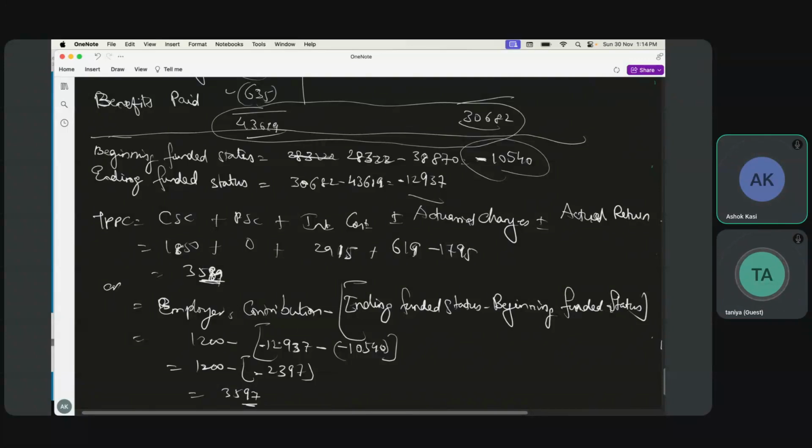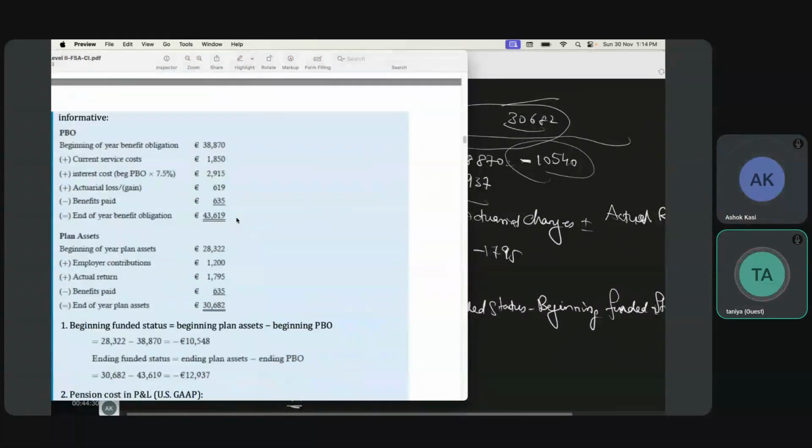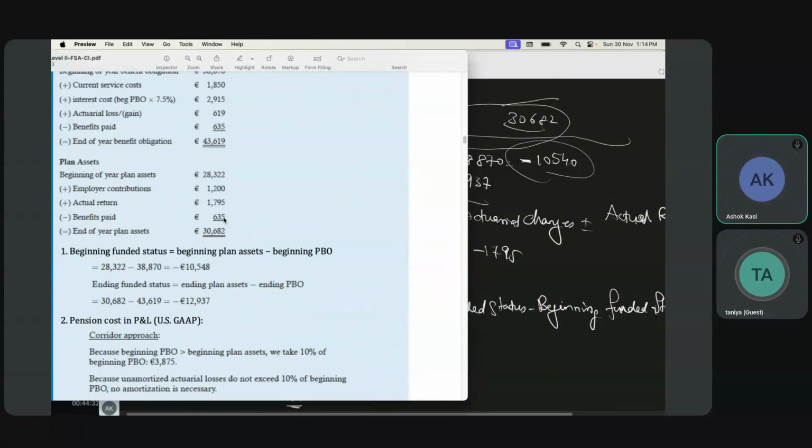Just calculate again. Let's see in the book what answer is given. They haven't calculated this. Okay.